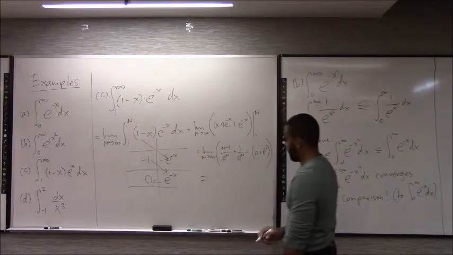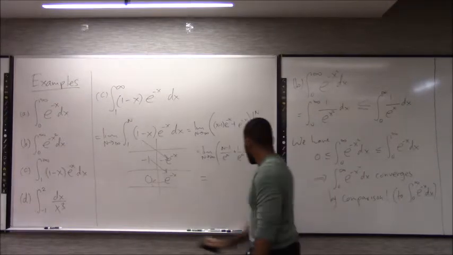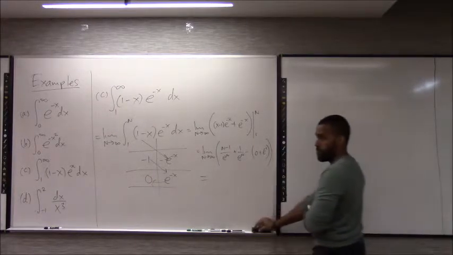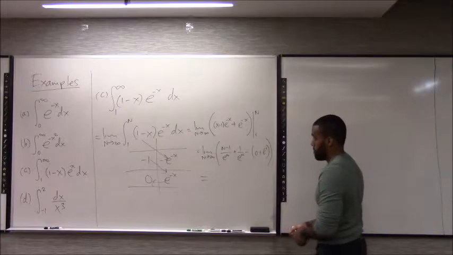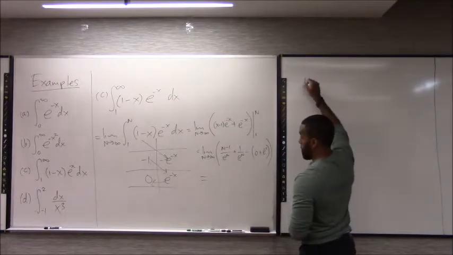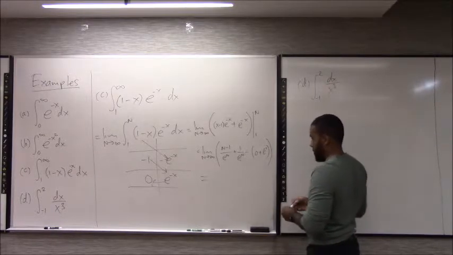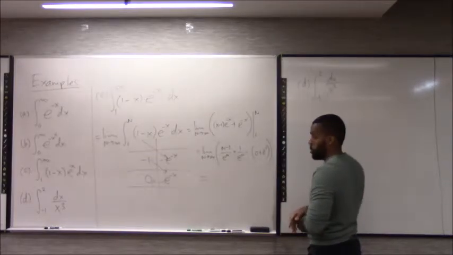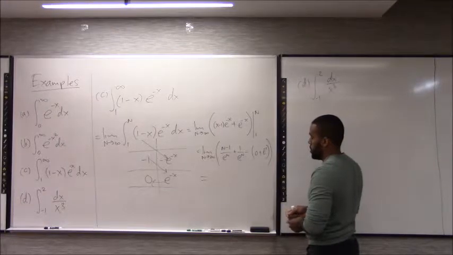What happens here? What's that limit? Is it going to diverge because you have infinity over infinity, like for n minus 1 over e to the n?